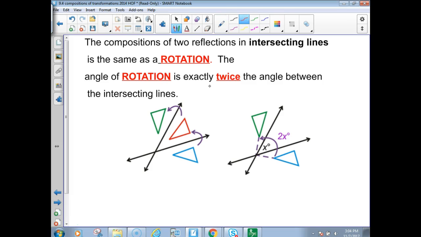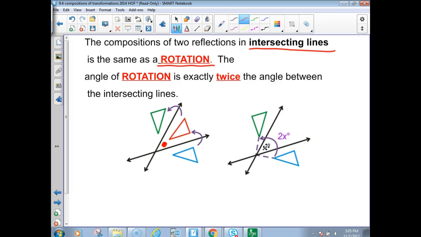Now, there's another one. A rotation. A composition of two reflections in intersecting lines is the same as a rotation. The angle of rotation is exactly twice the angle between the intersecting lines. So this angle right here, you would double to go from the green one to the blue one.